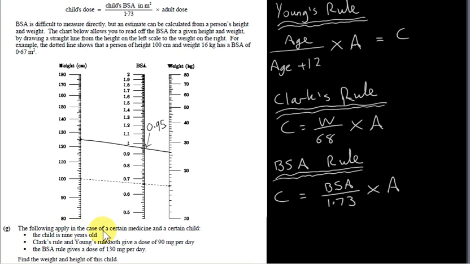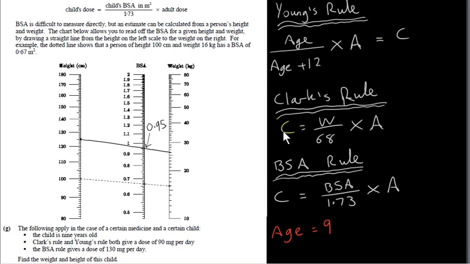The following apply in the case of a certain medicine and a certain child. The child is 9 years old. So the age of the child is 9. Clark's rule and Young's rule both give a dose of 90 milligrams per day. Here I've written down Clark's rule, which you saw earlier, and I've also written down Young's rule.